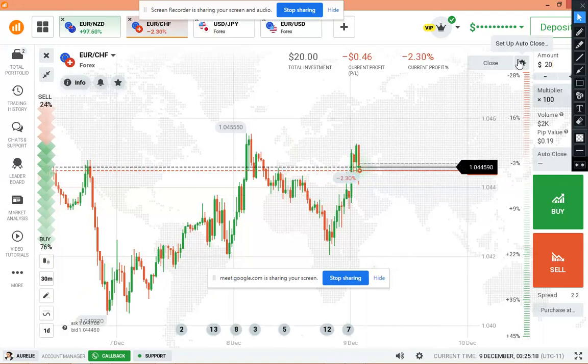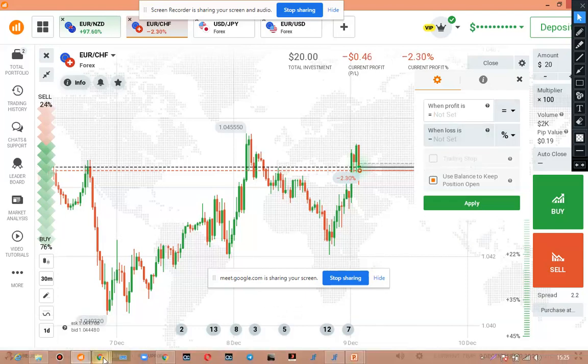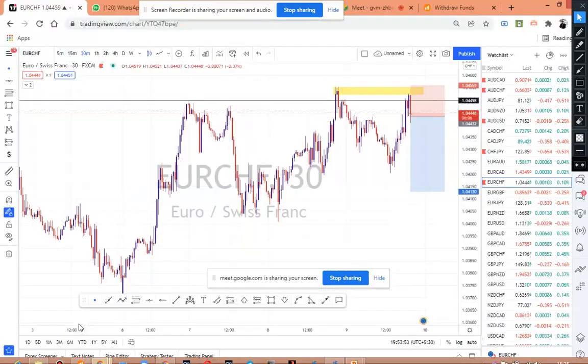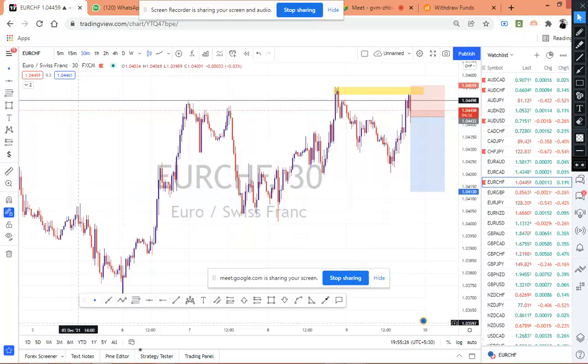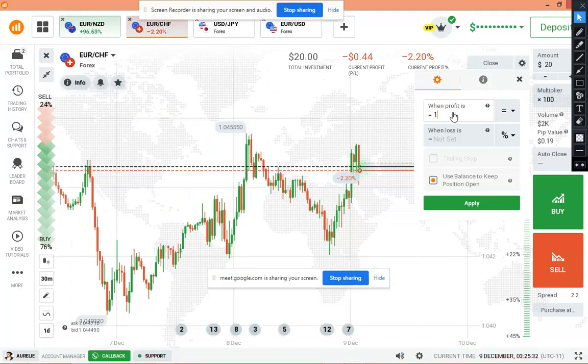So my take profit level, what is the take profit level? 1.04130.